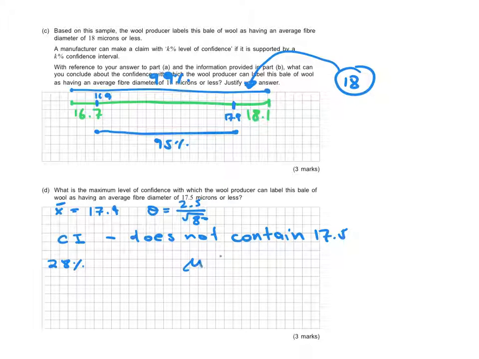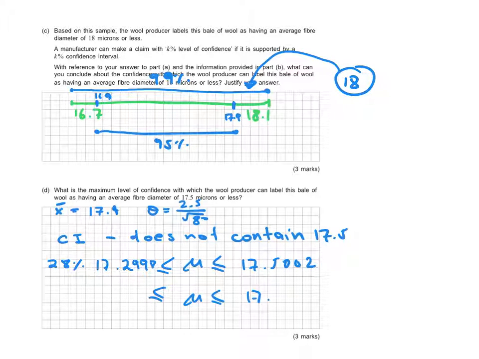So it's going to be 17.2998, I'm going to have a few more decimal places, 17.5002. So this is one of the questions where we should have more decimal places.